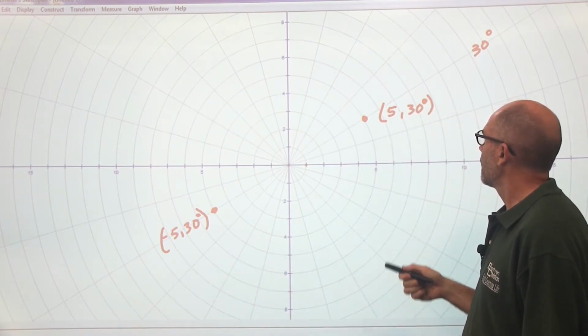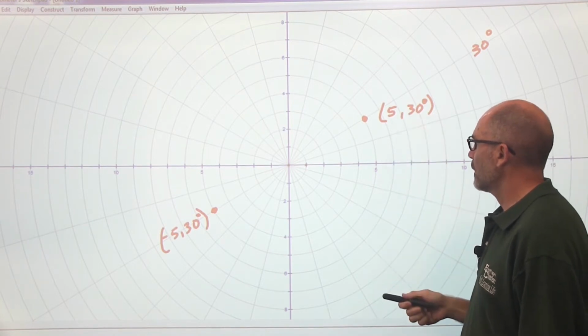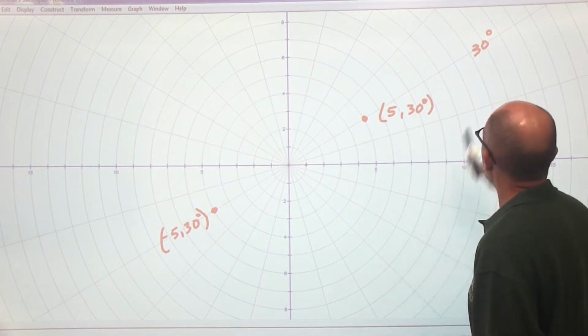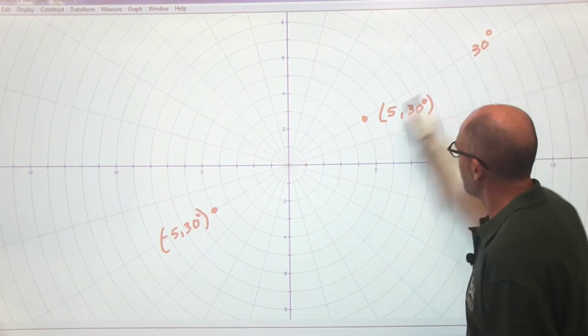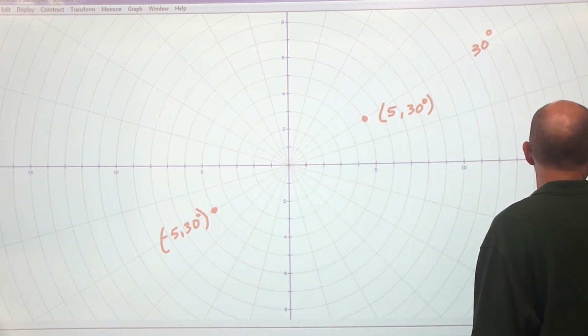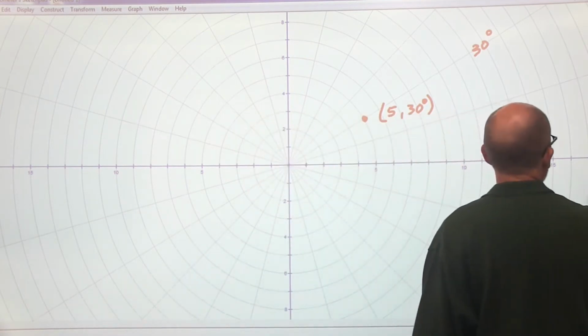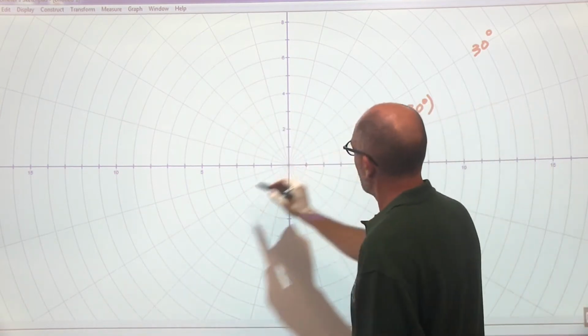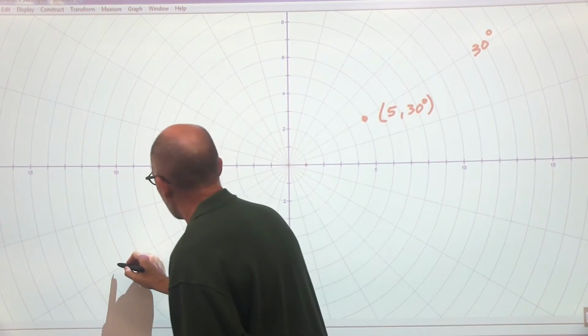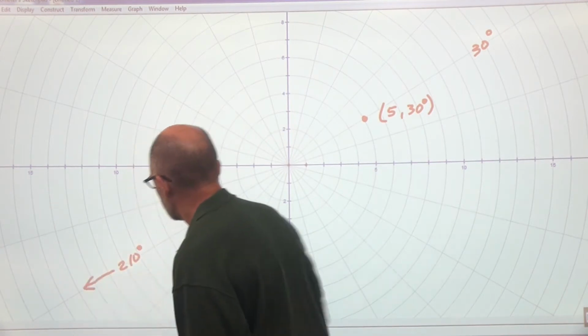Now, I could name this a negative also. Because notice, this angle is 30 degrees if I'm going up this way, but it's 210 degrees going that direction.